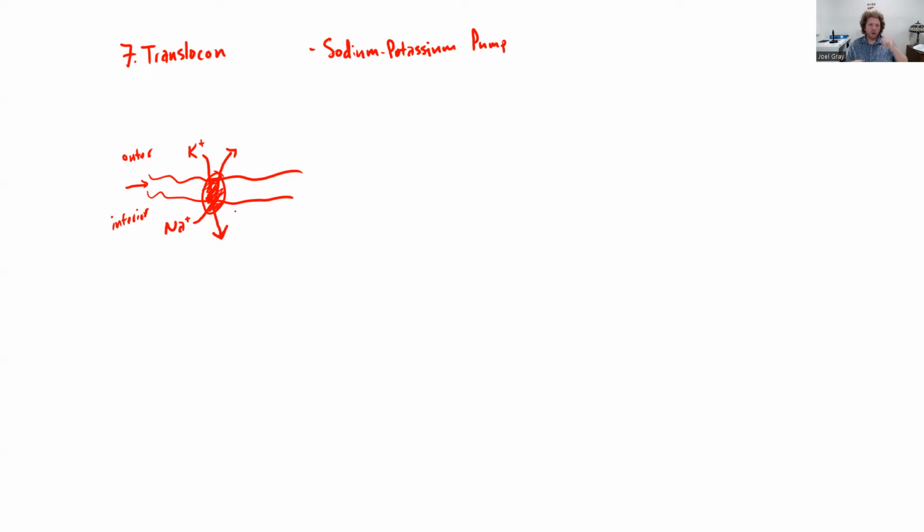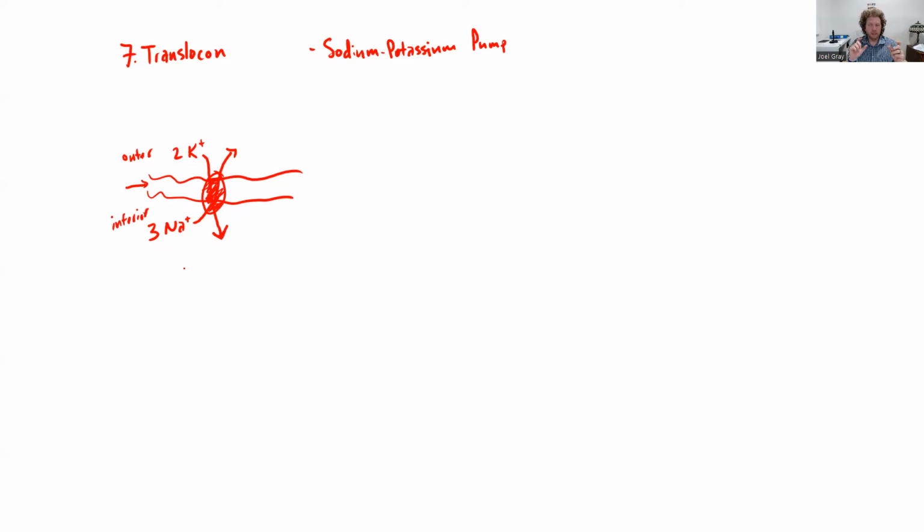So there's a lot involved in how a translocon, and specifically the sodium-potassium pump, functions. But at the end of the day, what's happening is we're moving two potassium ions from the outside to the inside of the cell, and three sodium ions from the inside to the outside of the cell.